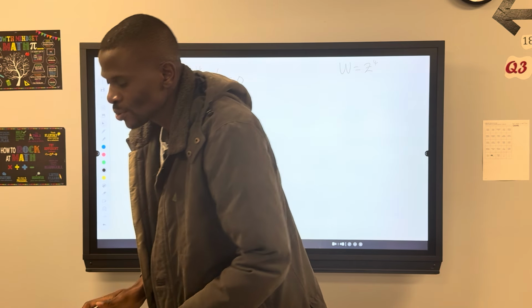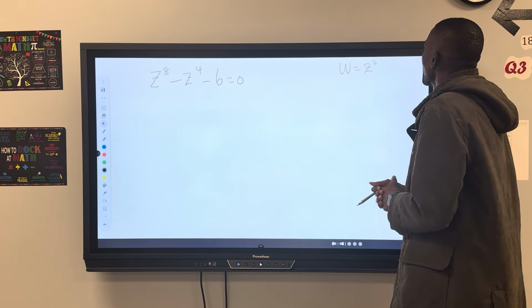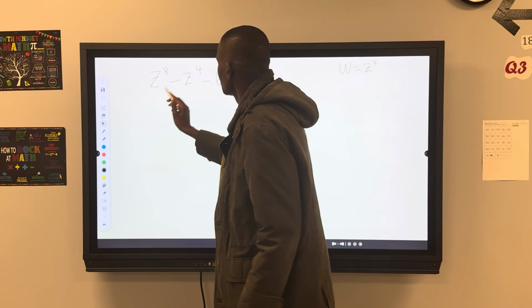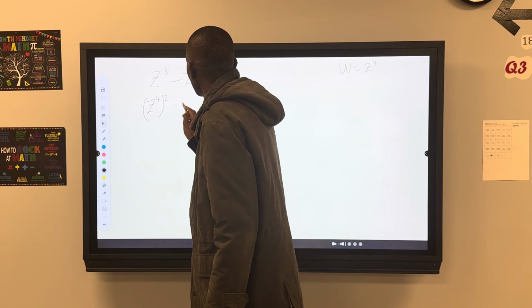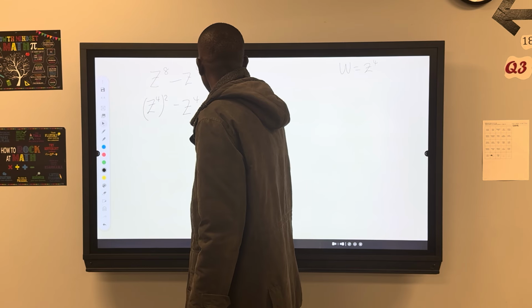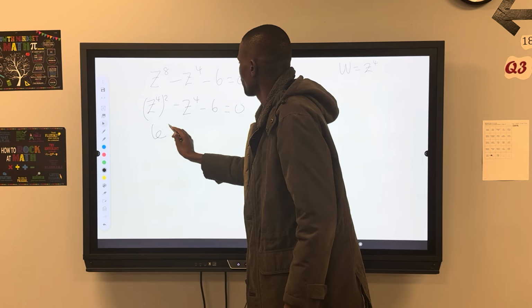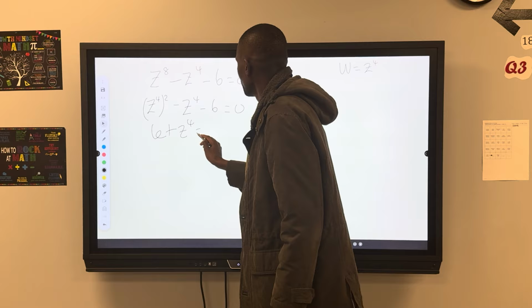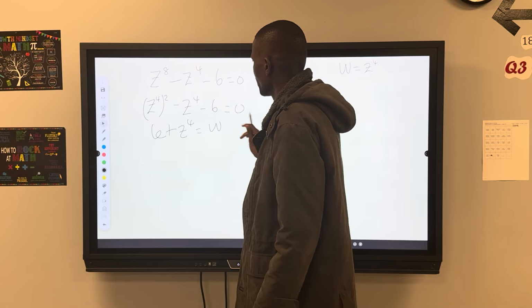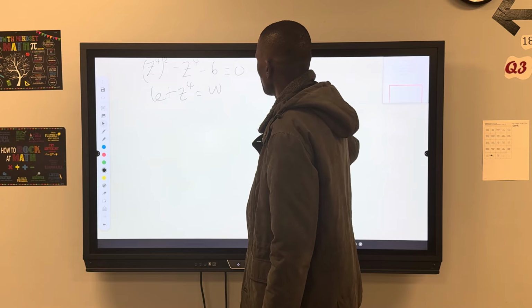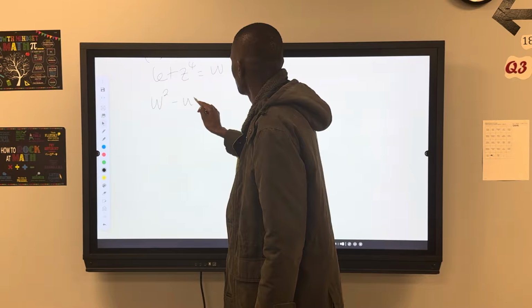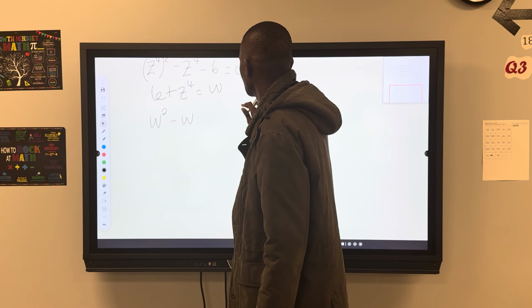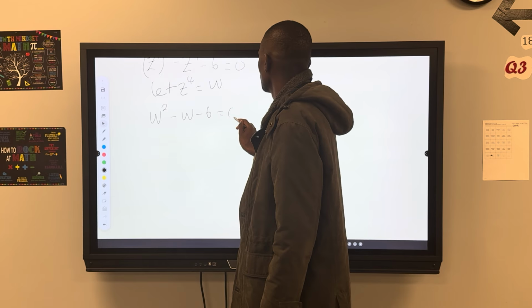Here, this is the same as saying z to the 4th being raised to the 2nd power, minus z to the 4th, minus 6 equal to 0. So we are going to let z to the 4th be equal to w. Hence we have our equation w squared minus w minus 6 equal to 0.